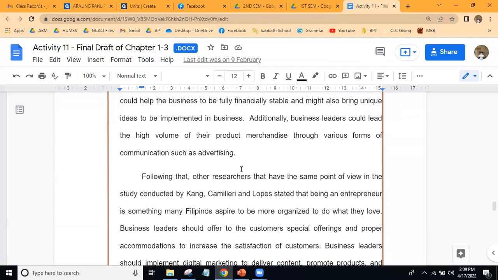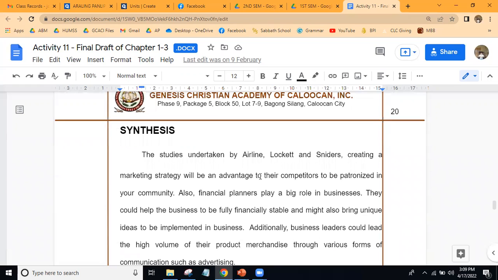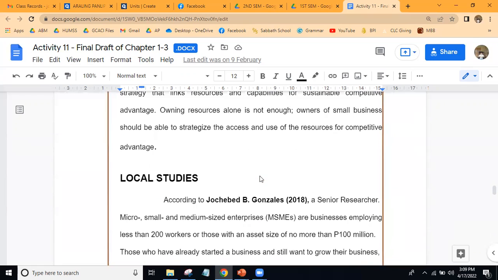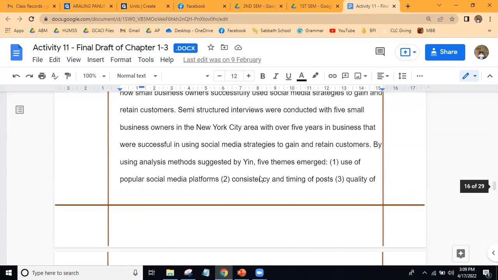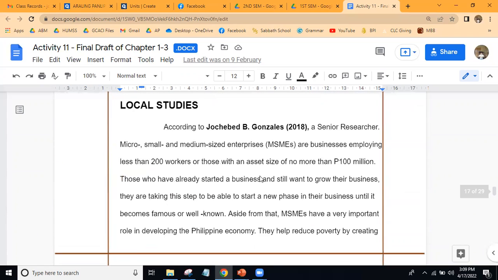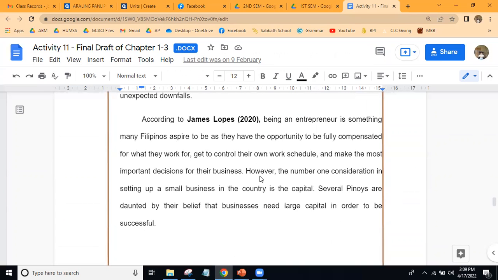Airline, Lockett and Snyder narrated, and then Kang, Camilleri and Lopez have the same findings. So we have a comparison. It is very important that you really read what you put in local studies, foreign studies, local literature, and foreign literature. Not just copy-paste. Although this is just to thicken the research, to add pages.